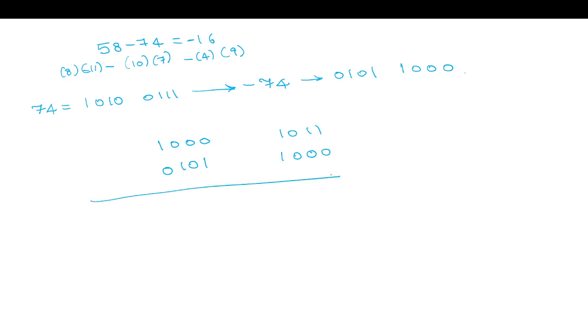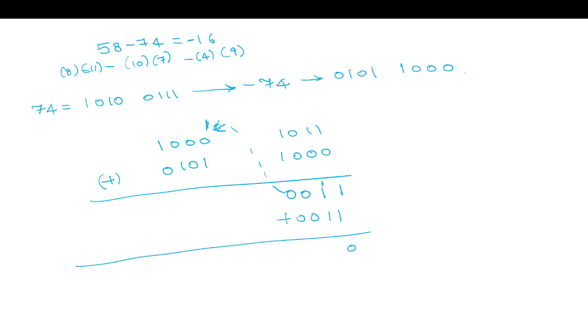Now we have to perform the addition. So it is 1, 1, 0, 0, and there is a carry 1. So if there is a carry, add with 3. 3 plus 3 will be 6.